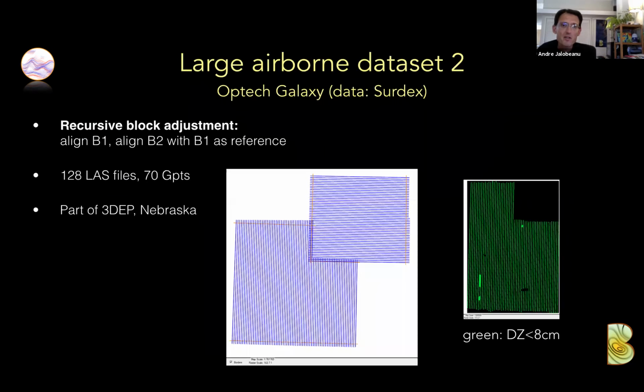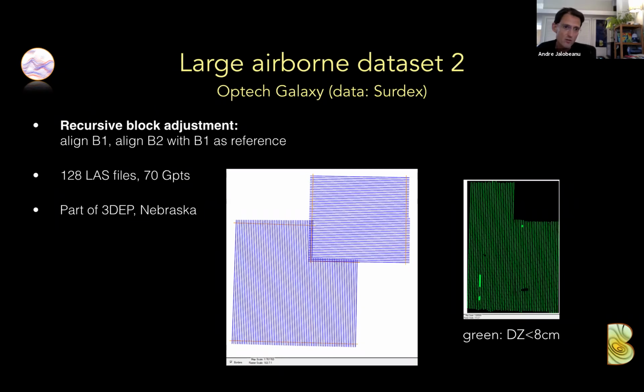Another example here of a large airborne data set is from Surdex, also using Galaxy Optic. So when you have very, very large data sets and collects that span across multiple months, the idea is to use one big collect and to align it and then use it as a reference and align the next collect on top of the first one.